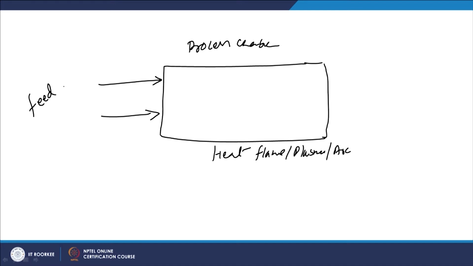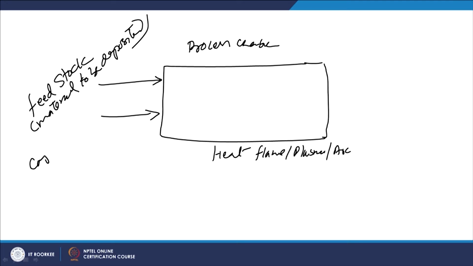So we have to supply the feedstock, which is basically material to be deposited onto the surface of the substrate. At the same time, sometimes we apply also the compressed gas or air, so that the required velocity to the heated particles can be given.